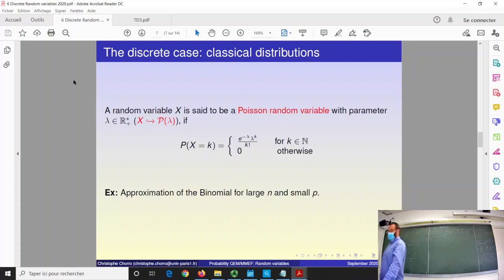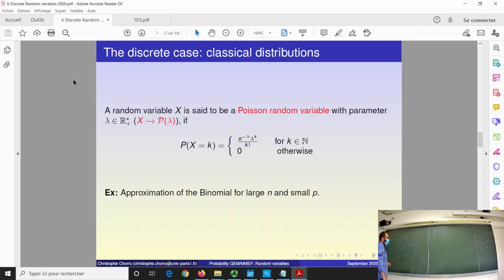Okay. So do you have an idea what to do here? I just remarked what k over k factorial is: it is 1 over k minus 1 factorial. Okay, I agree.